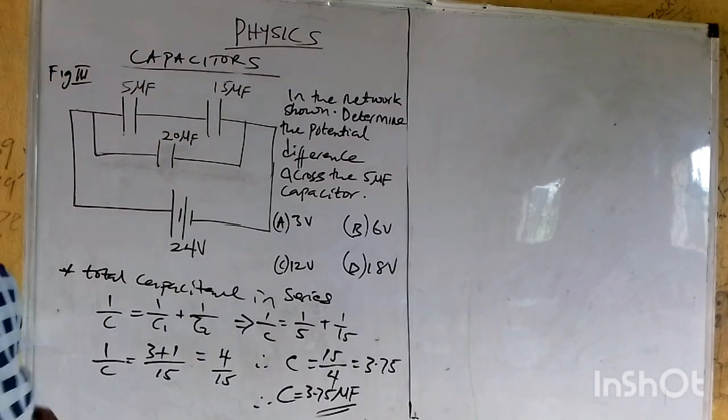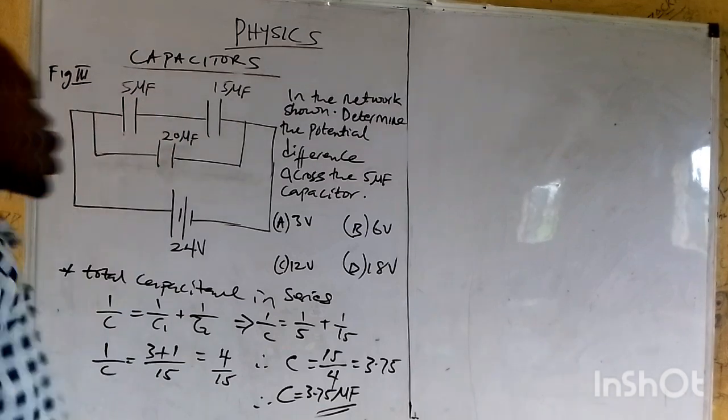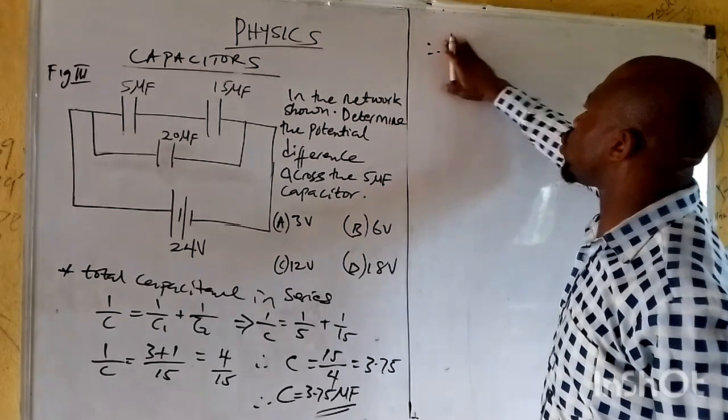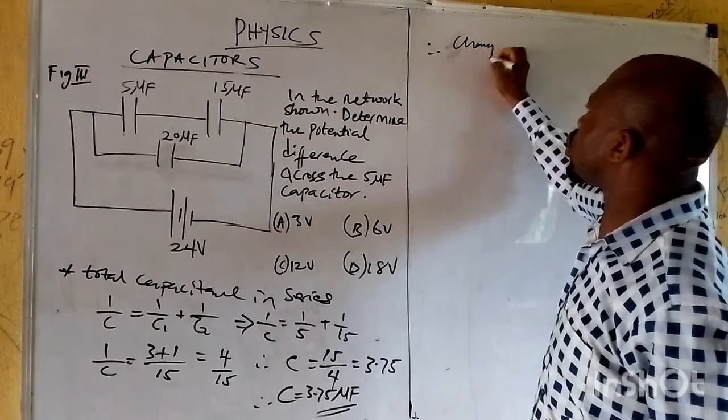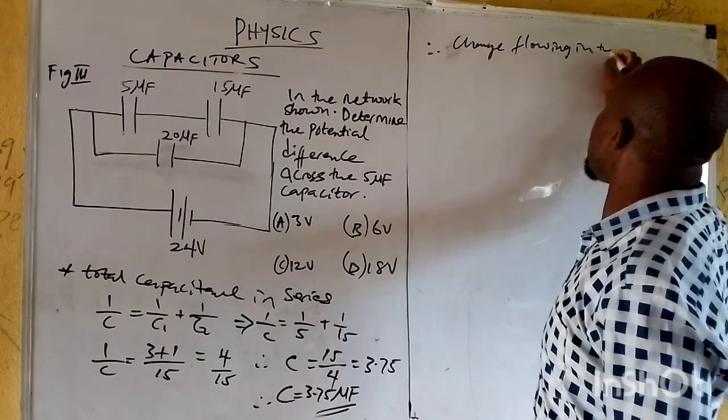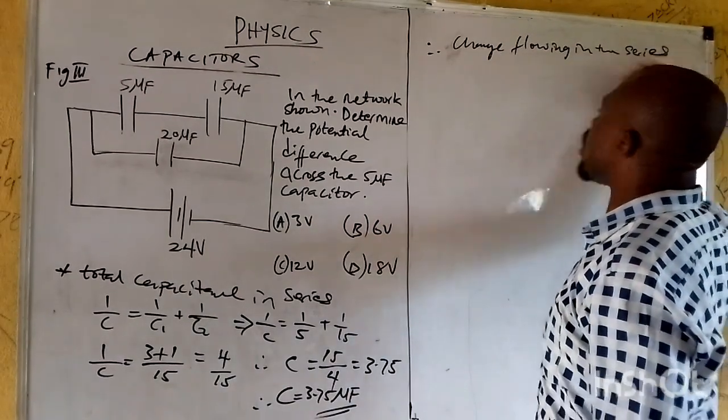And because of that, we can now say that yes, we can calculate the charge. So we now say charge Q, charge flowing in the series connection.